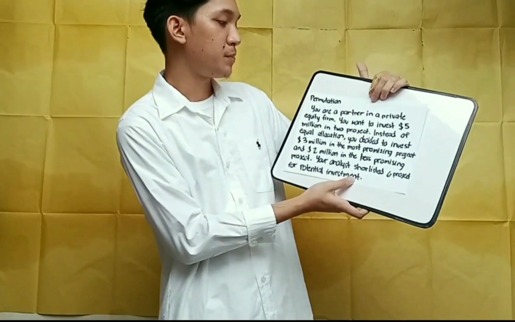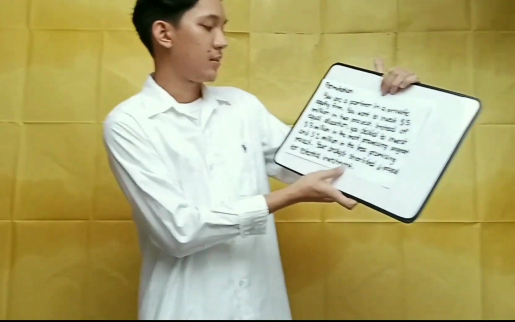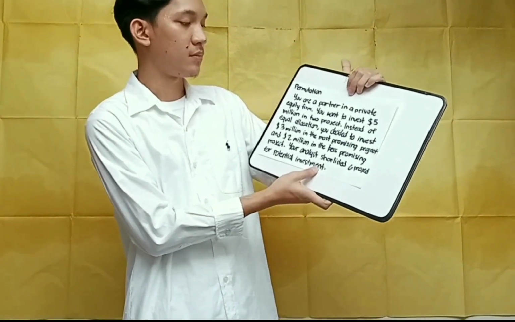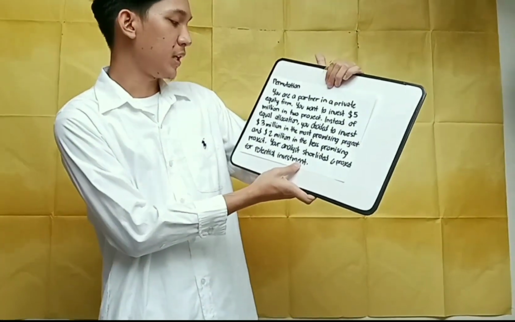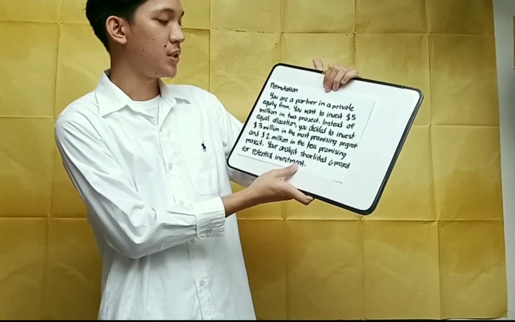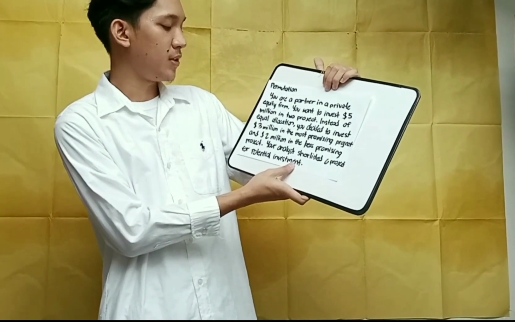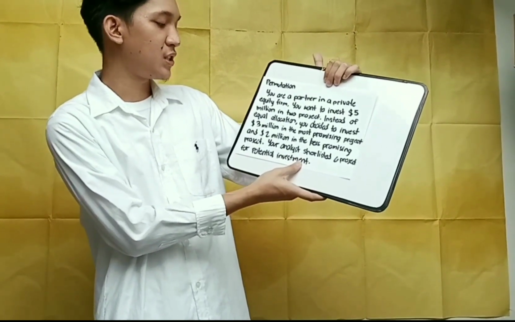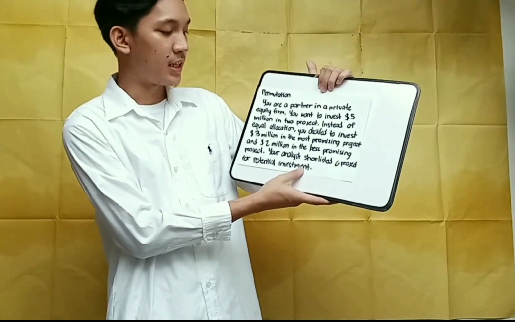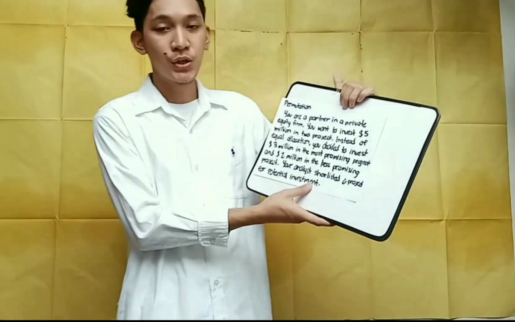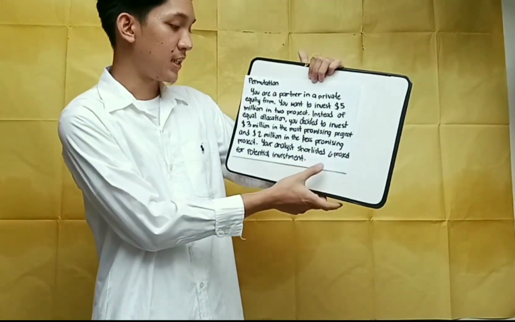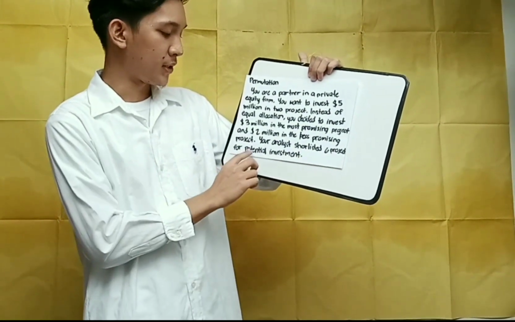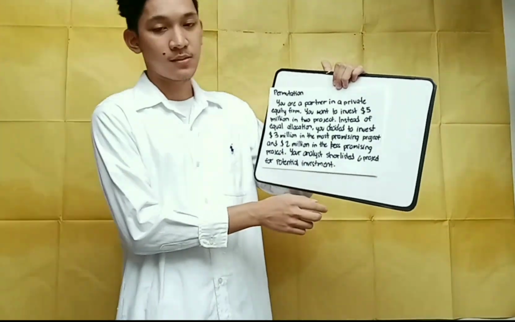You want to invest $5 million in two projects. Instead of equal allocation, you decided to invest $3 million in the most promising project and $2 million in the less promising project. Your analysts shortlisted 6 projects for potential investment.